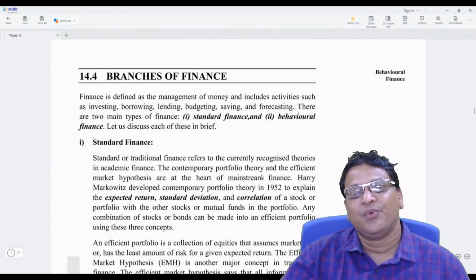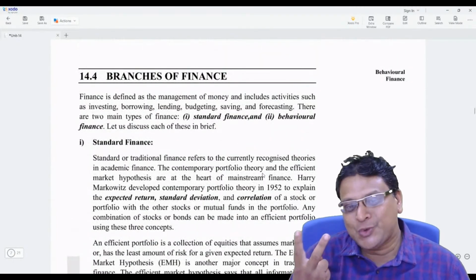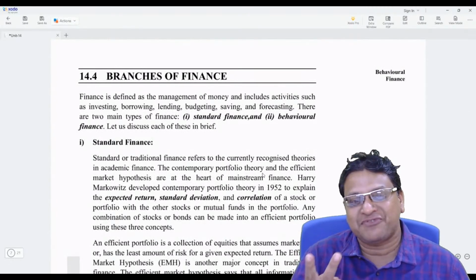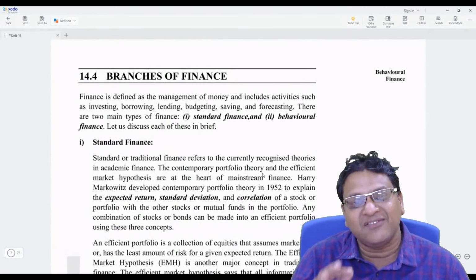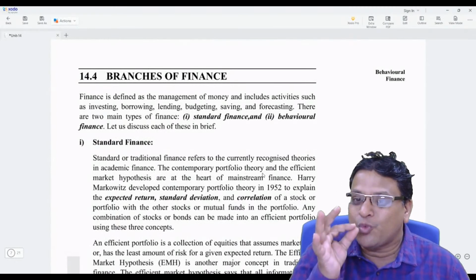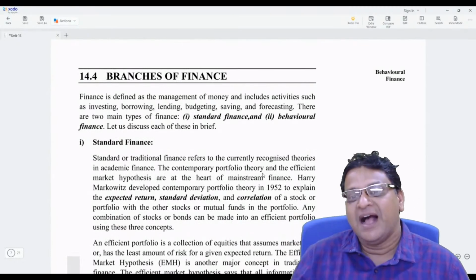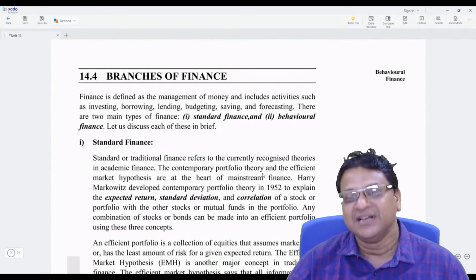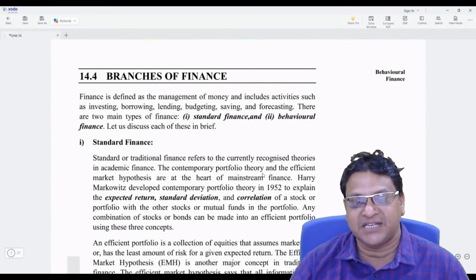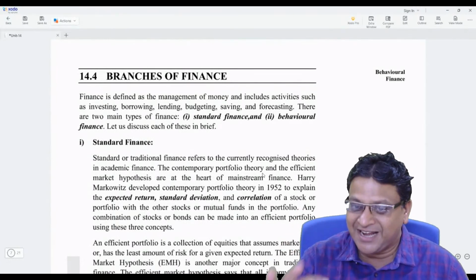Next, we will discuss the branches of finance. I have already told you there are two important branches of finance. One is standard finance or traditional finance. It is based upon one concept: investors behave rationally. And there is another, emerging branch known as behavioral finance. It assumes that investors do not always behave rationally.